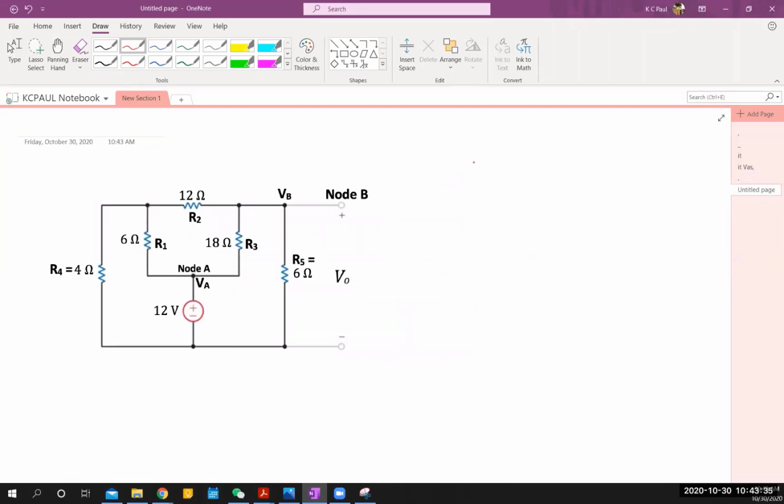When two elements are in parallel, they share two common nodes actually. So this is node 1, this is node 2. If one element is here, another element is here, connected in between two nodes, then they are parallel.